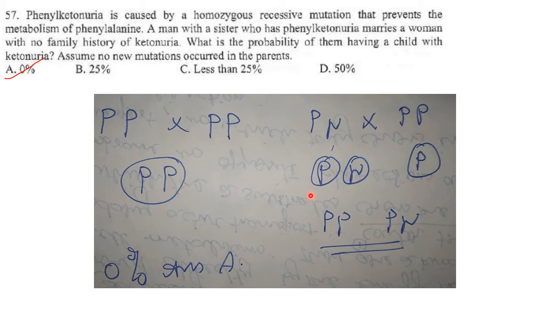These are the gametes produced and these are the offspring. Even in that condition, you are not going to get a child with phenylketonuria because it is a homozygous recessive mutation. It has to be present as small p small p for having the disease. So the answer is option A, that is 0%.